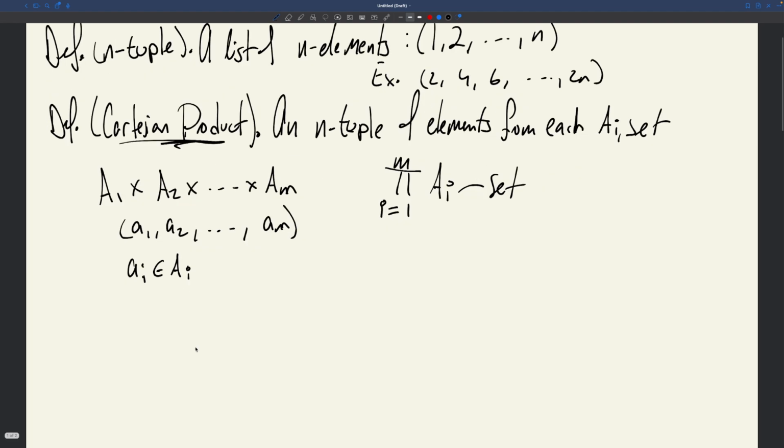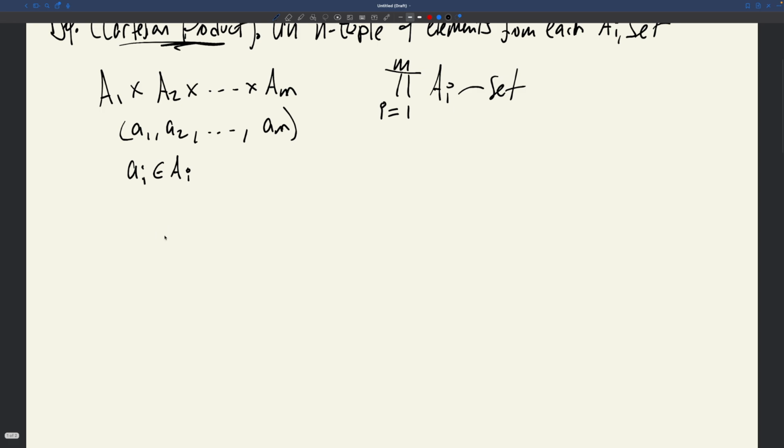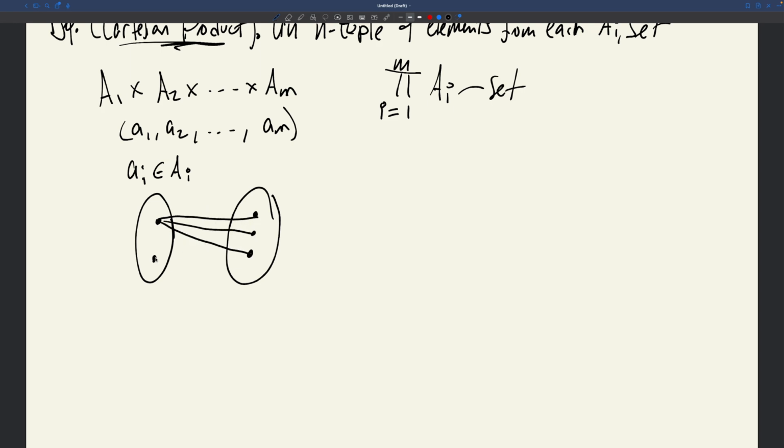A way to think of this visually, you probably have seen this diagram, especially coming from a calculus or even a college algebra background, where you're drawing maps and saying one to one, one to many, or many to one. All of those maps are also considered in this.